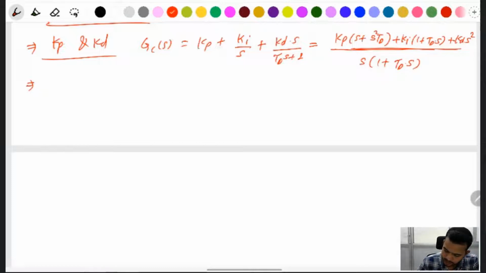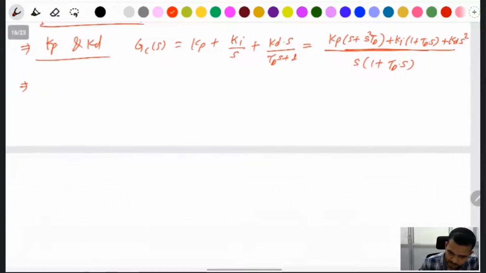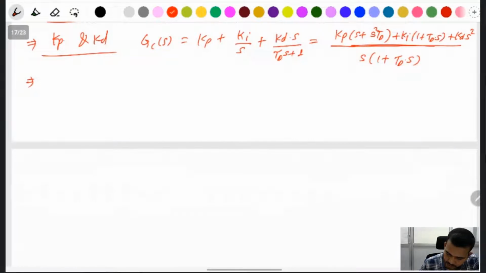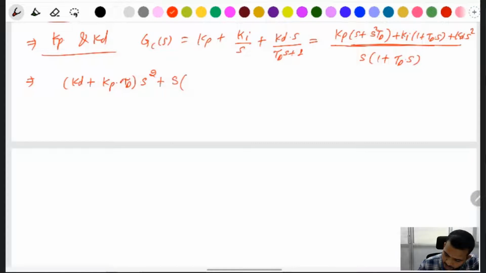Take together s square, then we find Kd plus Kp into tau d, s square, and take together s.